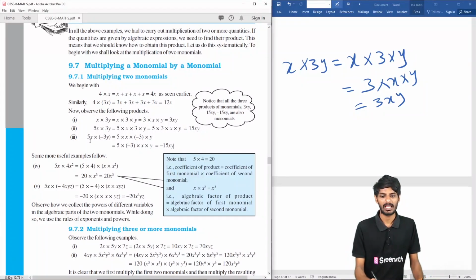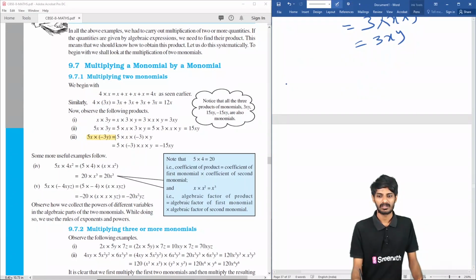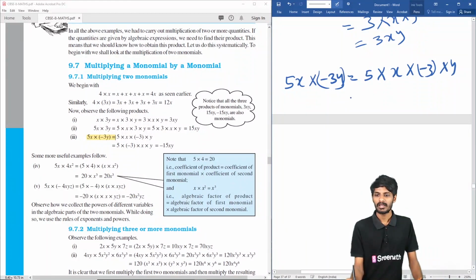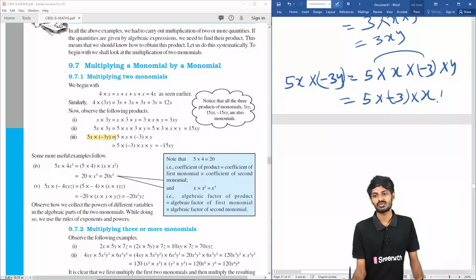The same example happens for 5x into minus 3y also. I will explain that also. 5x into minus 3y. So it is 5 into x into minus 3 into y. If you bring the numbers to the front side, that is 5 into minus 3 into x into y.